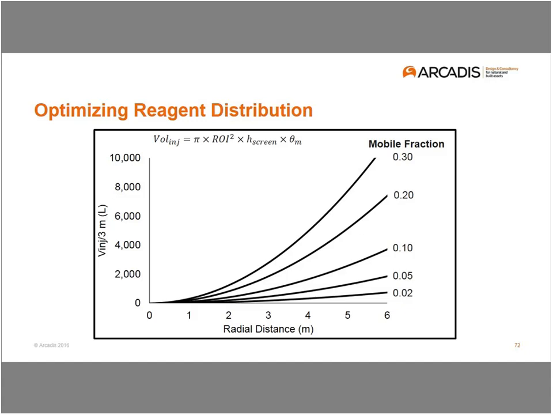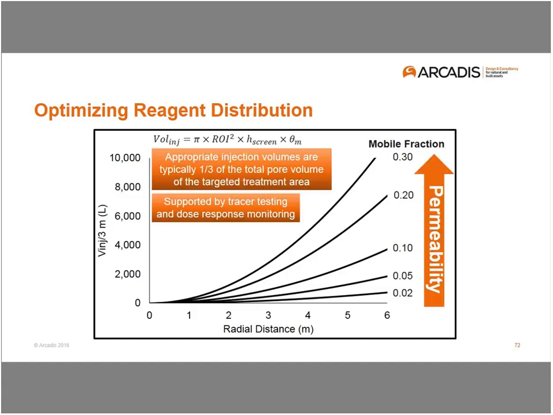So the ROI is your targeted radius of influence, and the height of the screen is the vertical interval you're injecting over. And what we see is that as the radius of influence increases for increasing mobile fraction, the required injection volume just to satisfy the geometric conceptual injection volume increases pretty dramatically.